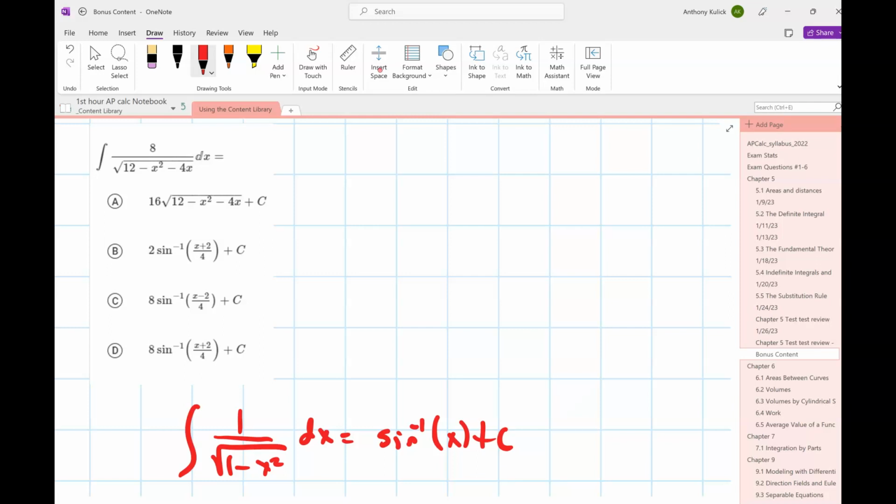So I'm going to have 8 plus 4 minus x squared plus 4x. So that's 8 minus x squared plus 4x minus 4. Uh-oh. That's not quite right then, right? So really I should think about 12 as 16 minus 4.